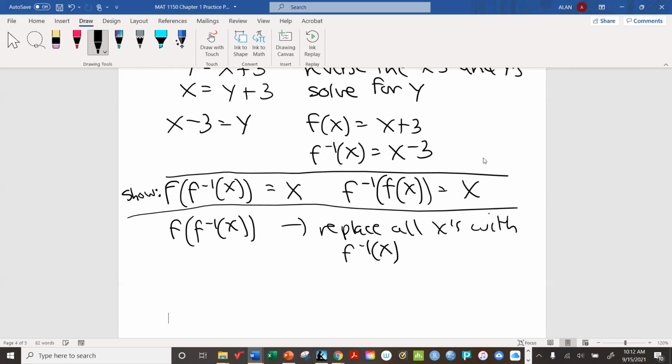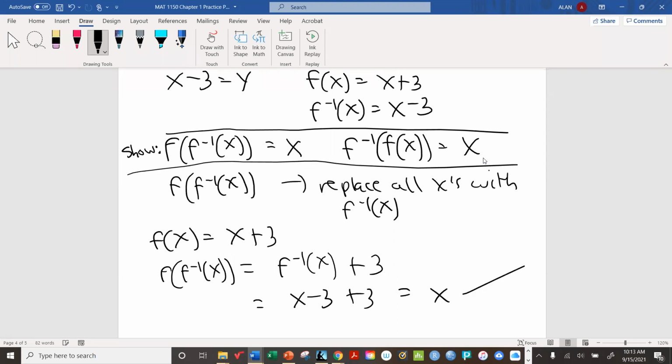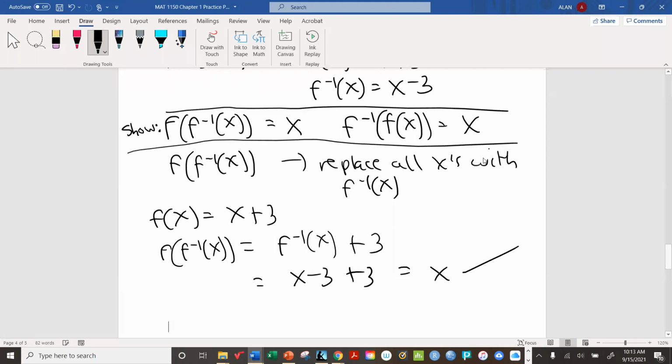So in other words, since f of x is x plus 3, if that's the case, then f of f inverse of x is f inverse of x plus 3. Now, we are claiming that this is equal to x minus 3. And so at least this one certainly works.